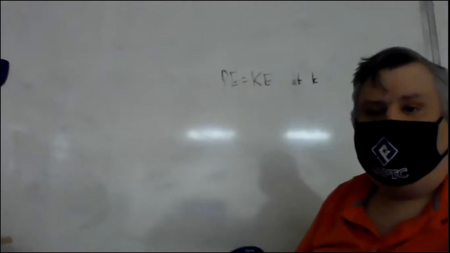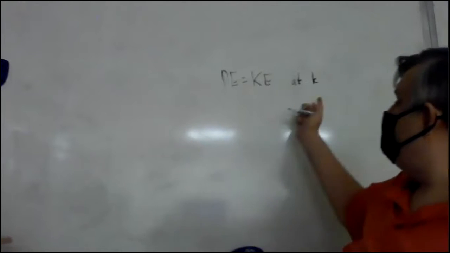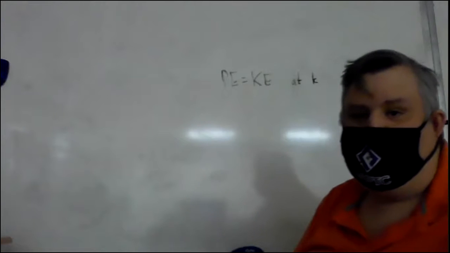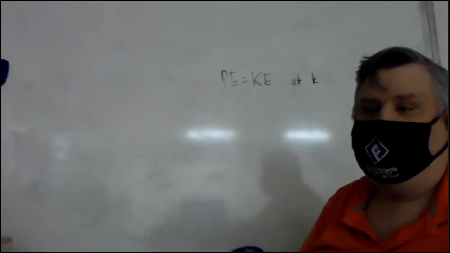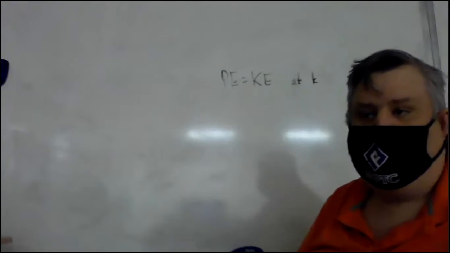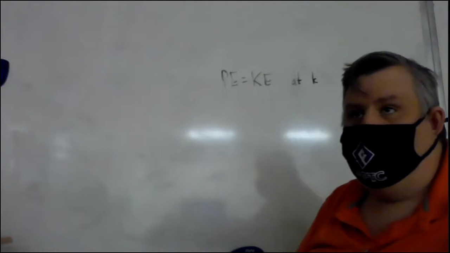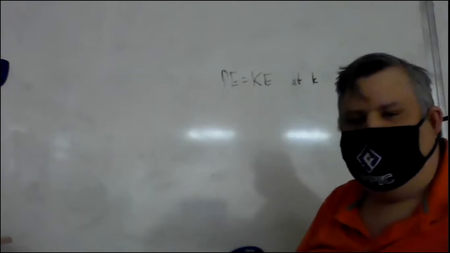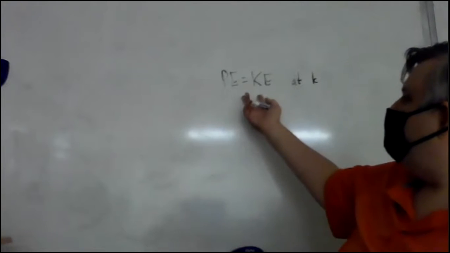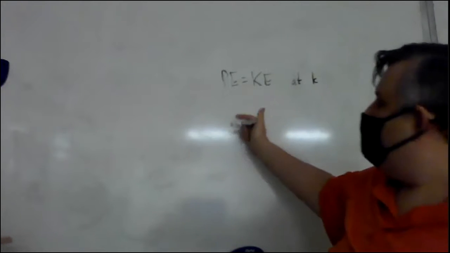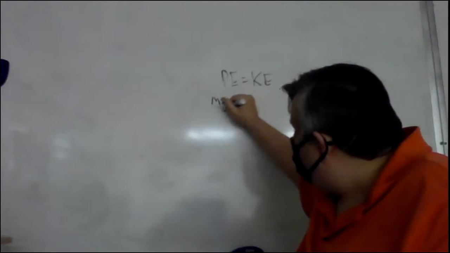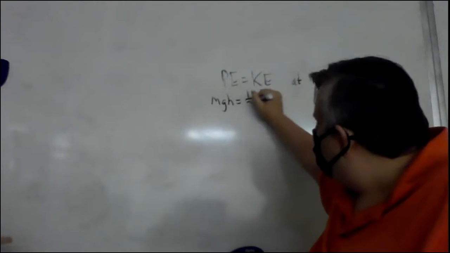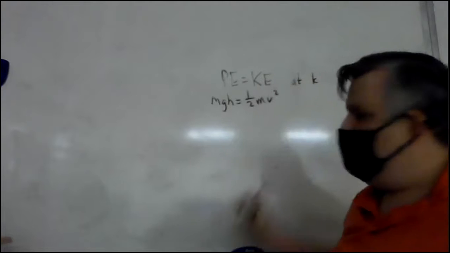So since it really doesn't matter at what point K is at, where K is just some height above the floor between where I drop the marker from and the floor, I can set these two equal to each other, and then I can set their equations equal to each other.